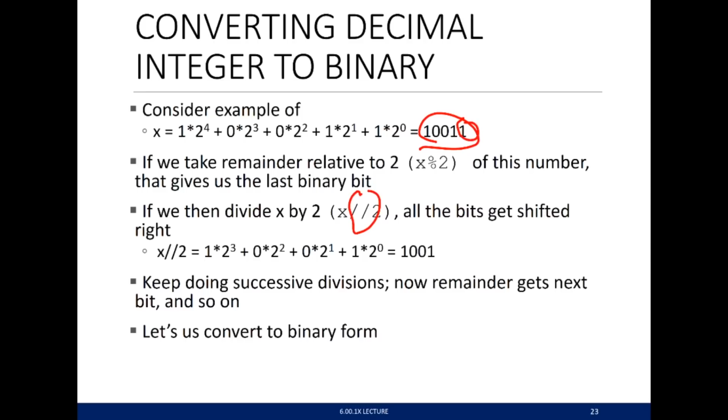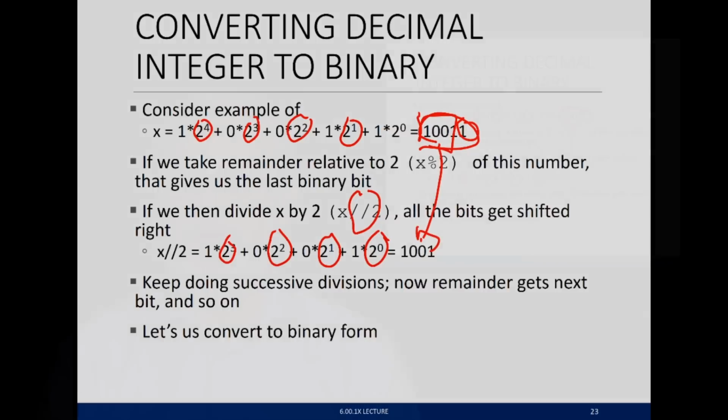That is, x double divide by 2 is now 1 times 2 to the 3rd rather than 2 to the 4th, plus 0 times 2 squared rather than 2 to the 3rd, plus 0 times 2 to the 1 rather than 2 squared, plus 1 times 2 to the 0 rather than 2 to the 1. Or another way of saying it is, notice I've taken these digits and just shifted them to the right.